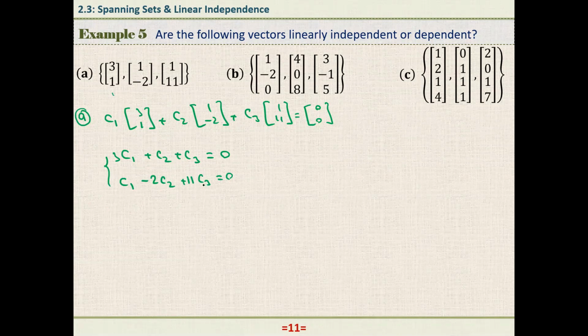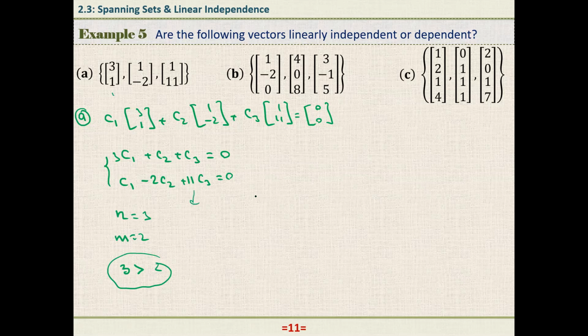How many variables do we have? 3: c1, c2, c3. How many equations? 2. The number of variables, 3, is greater than the number of equations, 2. That means we will have at least one independent variable, so it has infinitely many solutions.